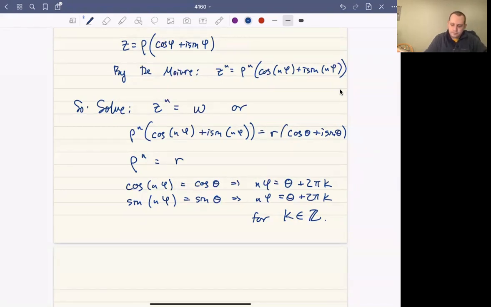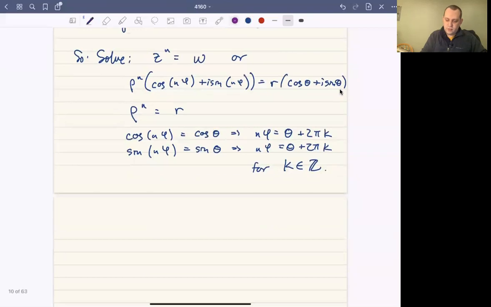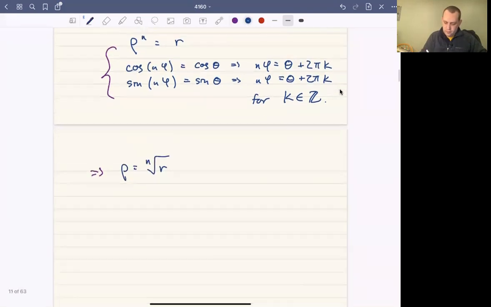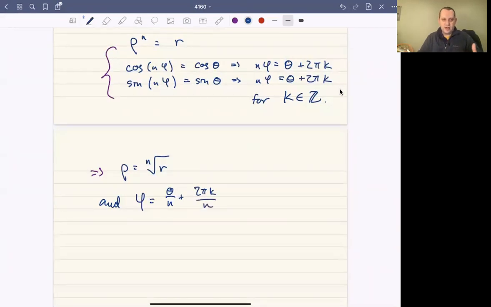Rho is super easy to solve for. Just take an nth root, because everything's positive. So this tells you that rho is equal to the nth root of r, and phi is equal to theta over n plus 2 pi k over n for some integer k.